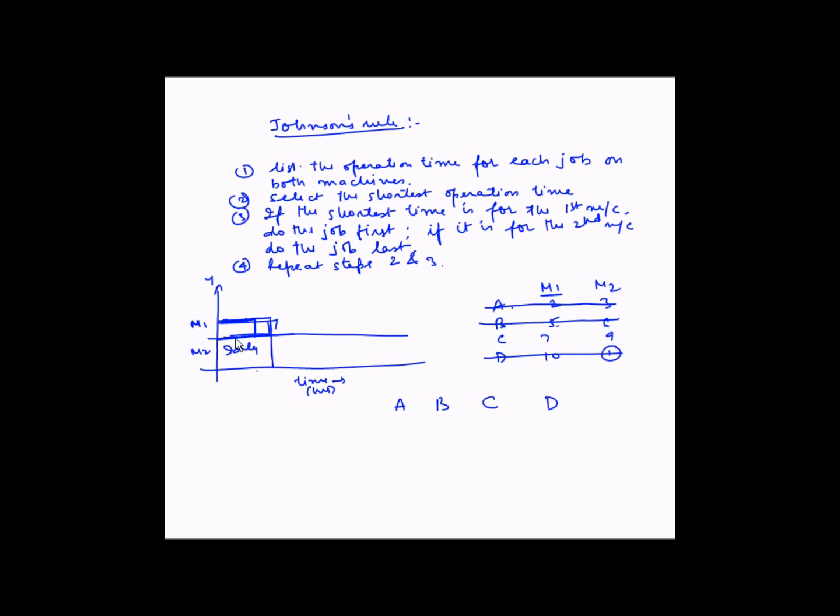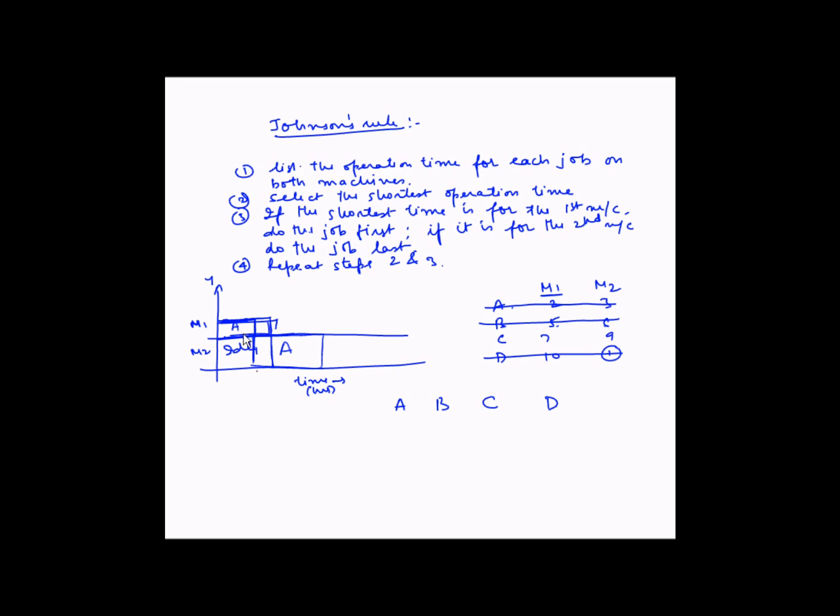Now suppose on machine M1 we process A, which is the shortest time. After A has been processed on M1, then you'll process it on M2. So suppose this is again A here.